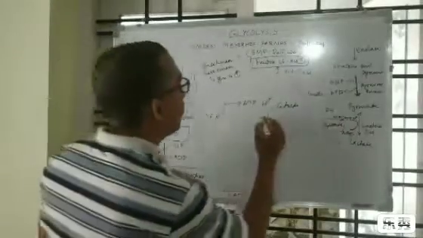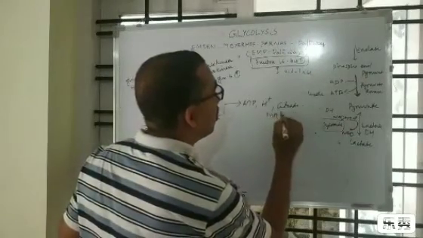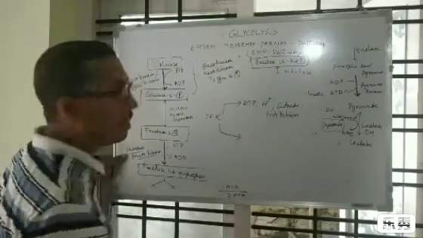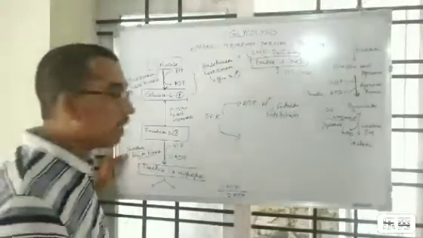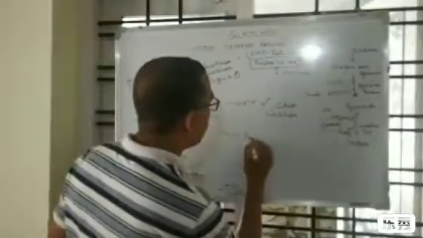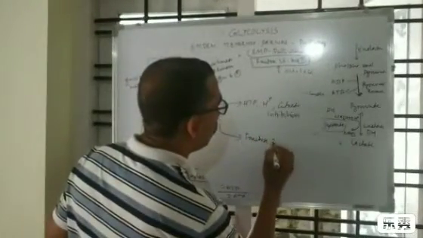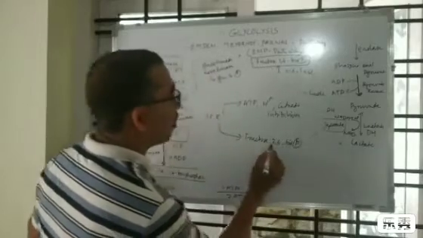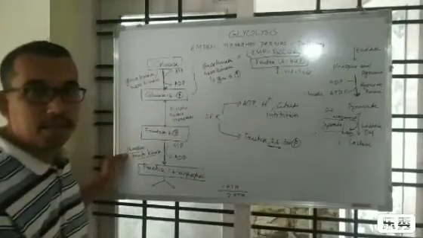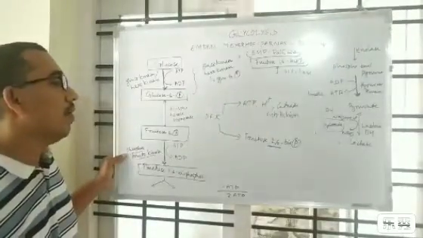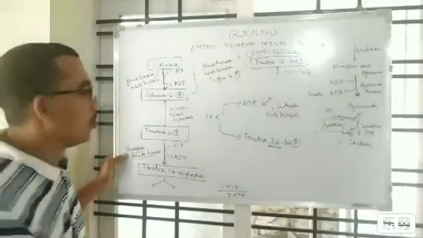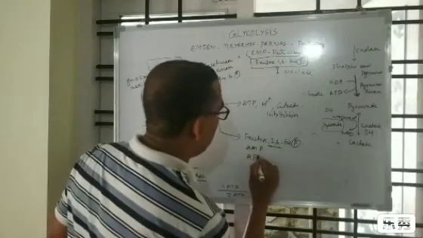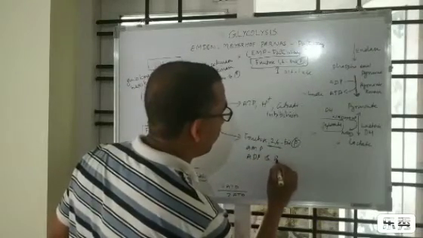It is allosterically activated by fructose 2,6-bisphosphate, AMP, ADP and inorganic phosphate.